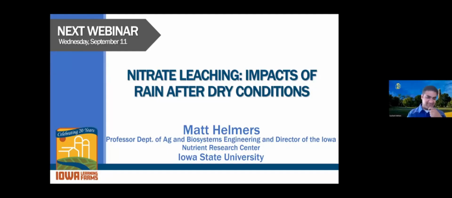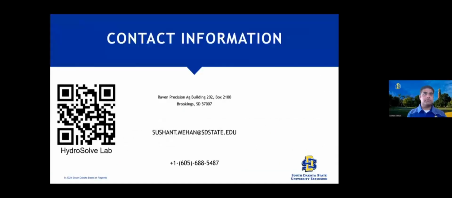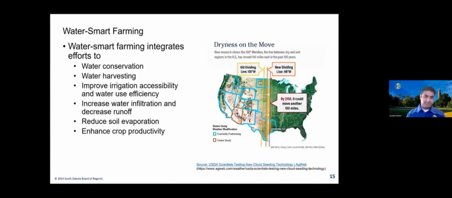All right, cool. Another one is that one of your last slides showed the shifting, the dryness on the move. It makes me think about water resource planning for some of the Great Plains states where there's a lot of irrigation.